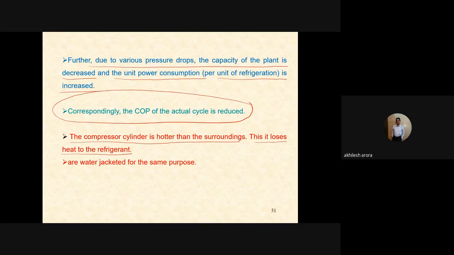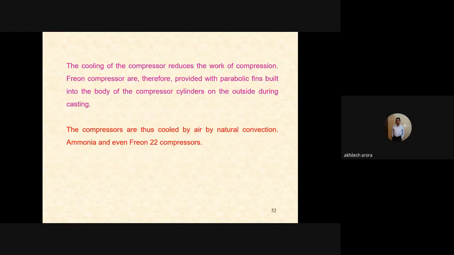In the initial compression process, the heat is being transferred from the compressor cylinder walls to the refrigerant, and in the later part of the compression process, the heat is transferred from the refrigerant to the cylinder walls. So mostly what we do is the compressor walls are water jacketed, so we can easily cool it down. The cooling of the compressor reduces the work of the compression.